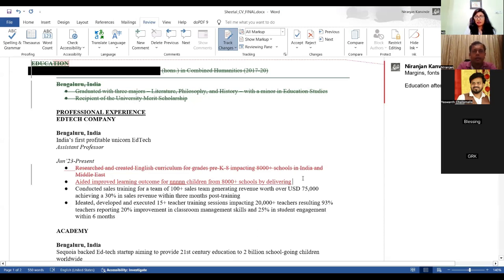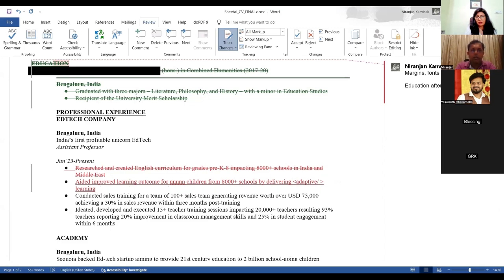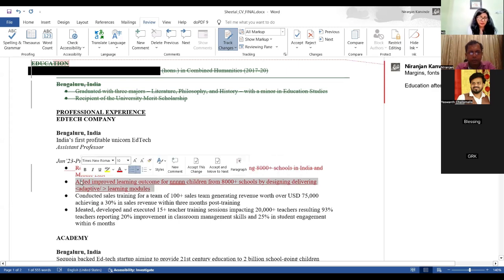Okay. Yeah, so by delivering, you give an adjective here, adaptive or any similar adjective. Right. Learning modules, by designing and delivering. And when I say aided improved learning, you would want to further quantify that improvement.